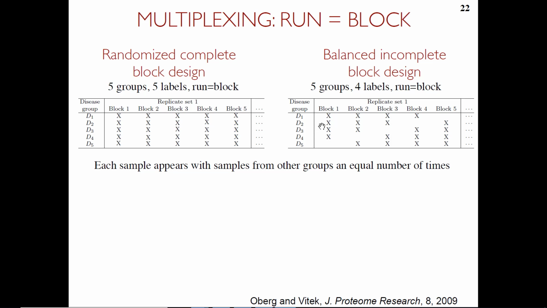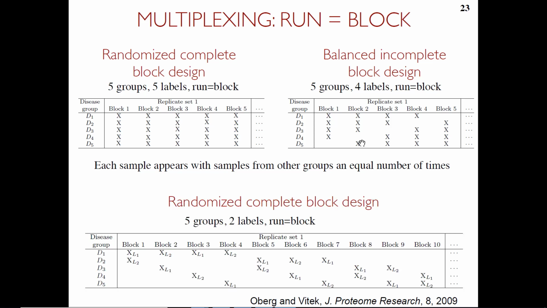So it means that in each block we always have the systematic pattern that we rotate, right? So that each disease group has the same number of replicates. Each disease group will always have 4 replicates across 5 blocks. Within each block, we only have one disease group missing at once. So this kind of systematic rotating pattern, we can show gives us a smaller variance than any other types of allocations. And again, we can show this fully mathematically.